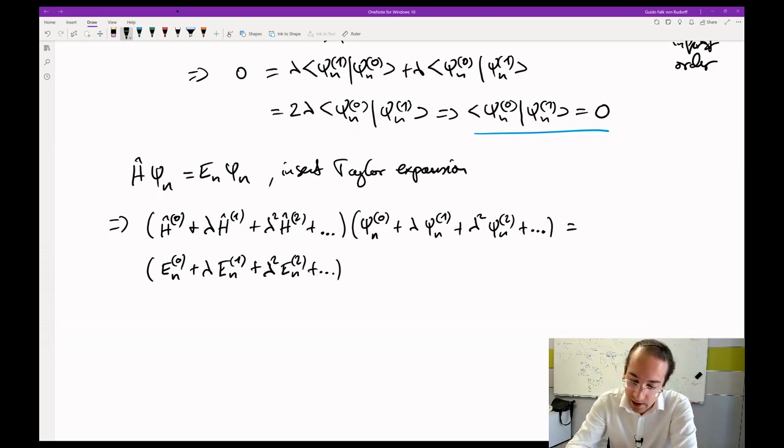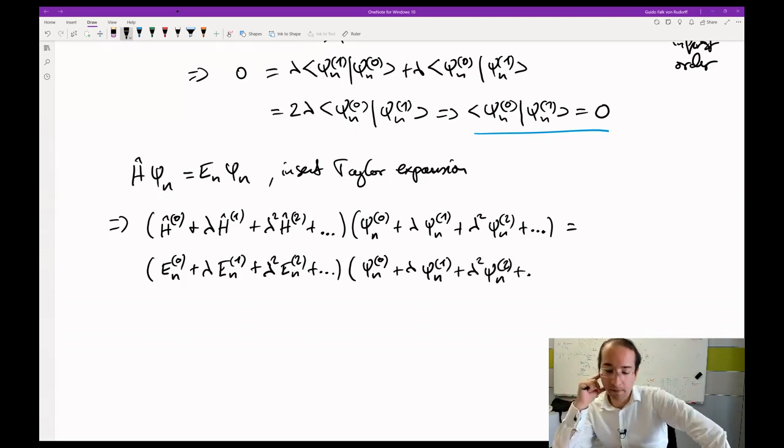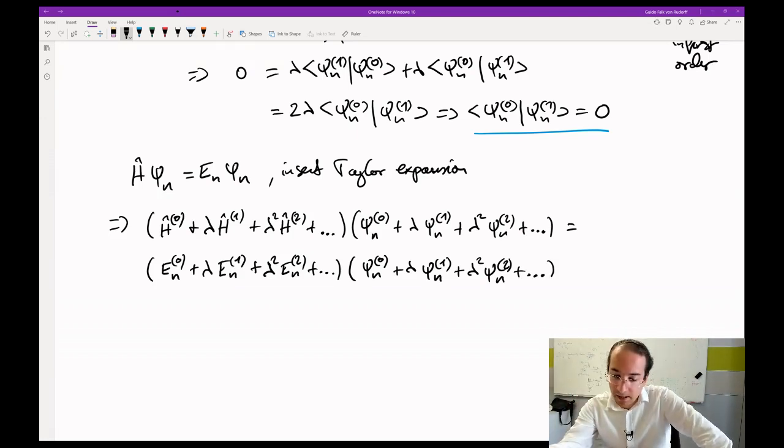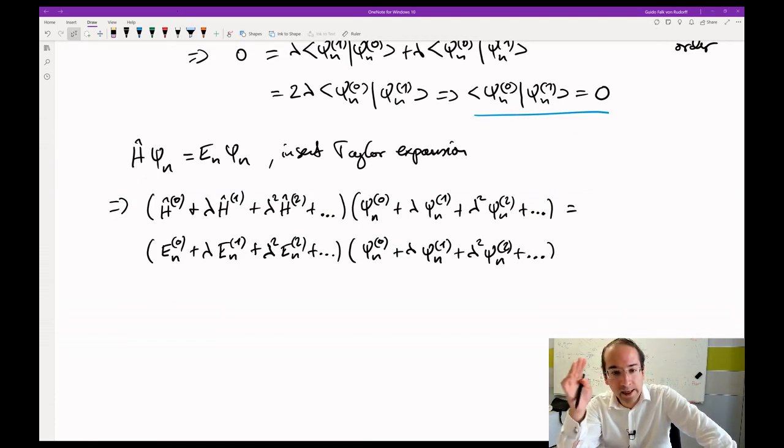There will be no surprise that the right bracket is exactly the same, so I will just copy it for completeness' sake. Okay. Now the thing is, we will get individual perturbation equations, and this will allow us to actually solve the system mathematically.